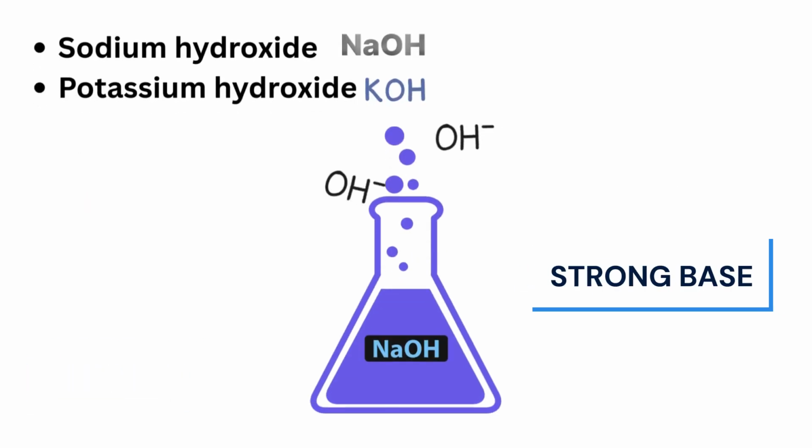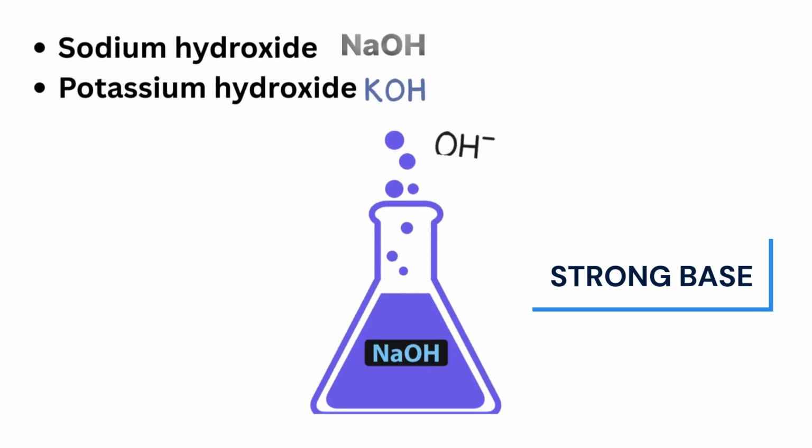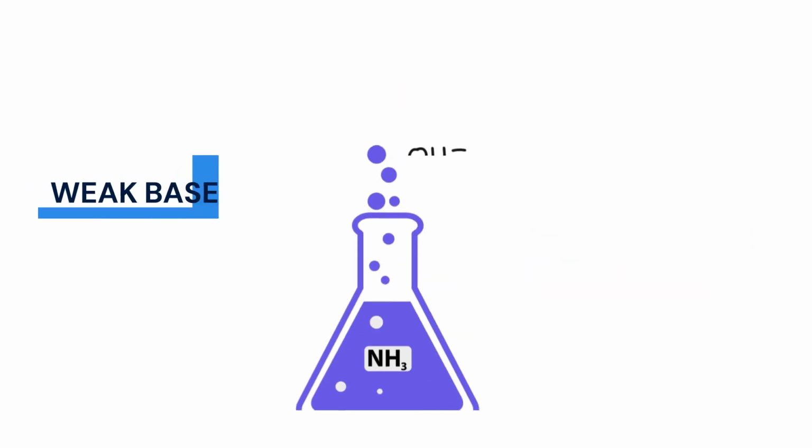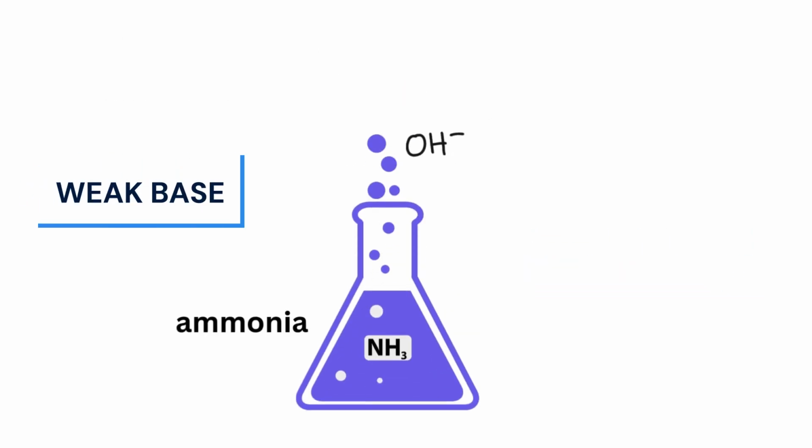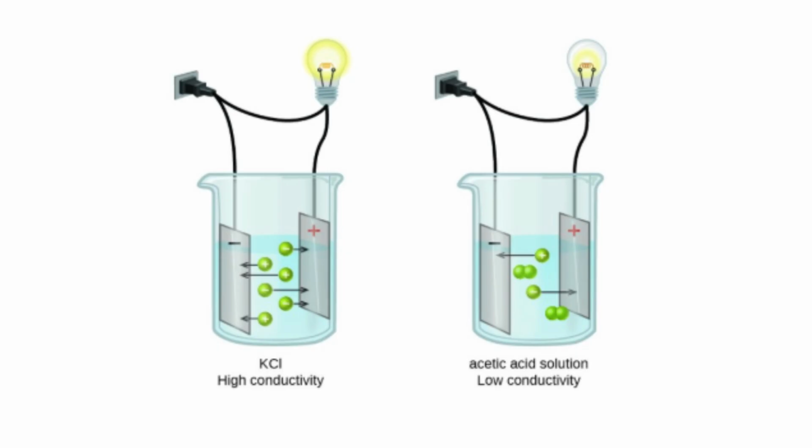Similarly, a strong base such as sodium hydroxide or potassium hydroxide produces hydroxide ions fully in solution, while a weak base such as ammonia only produces them partly. Strong acids and bases usually react more vigorously and conduct electricity better than weak ones at the same concentration.